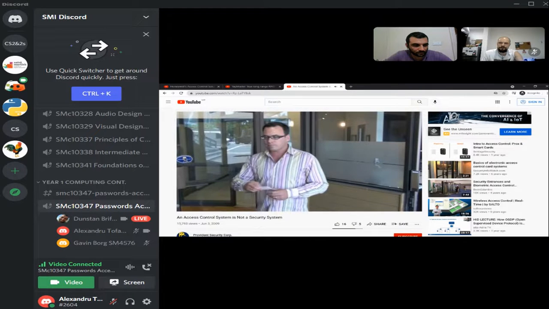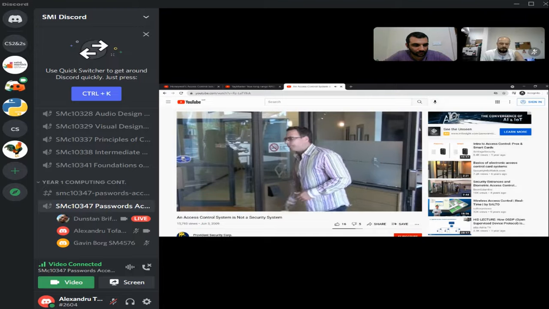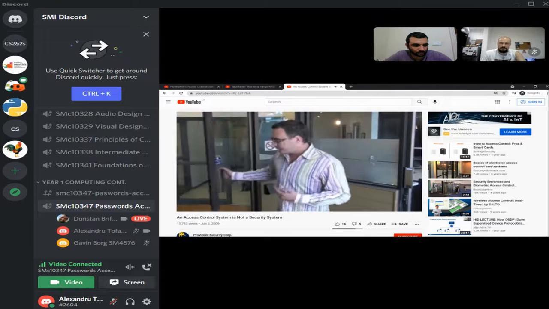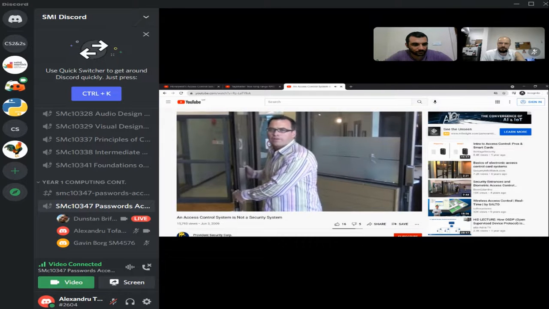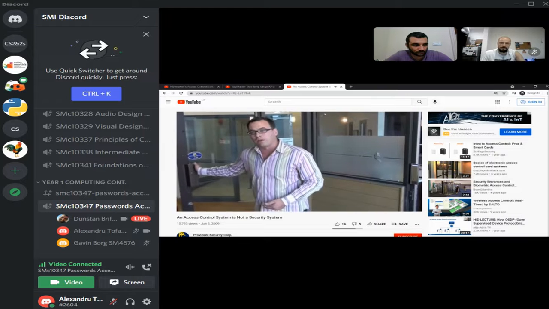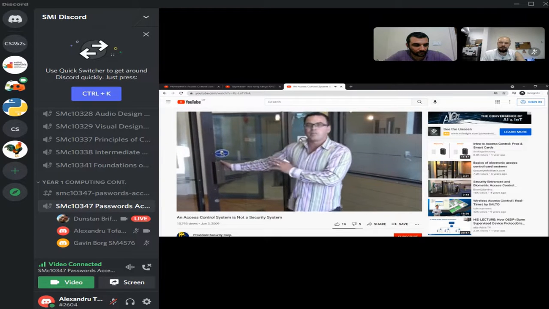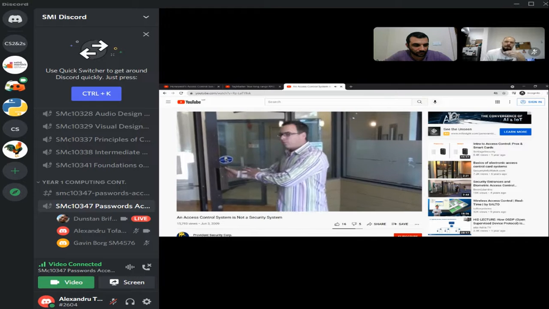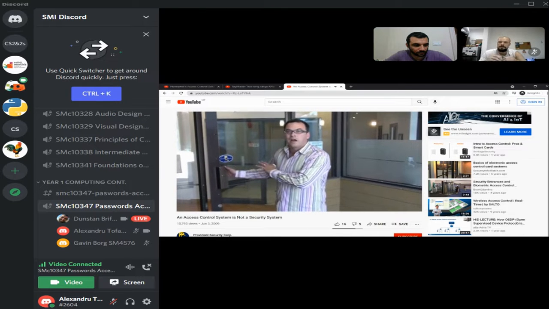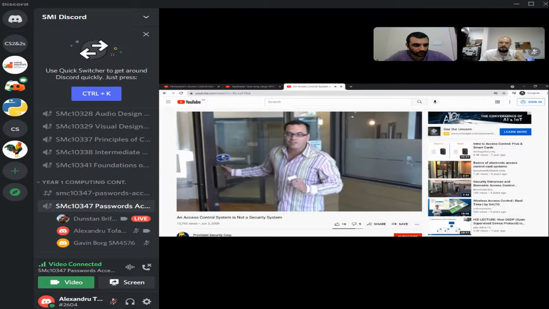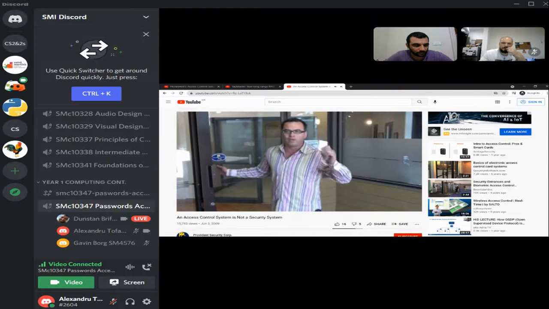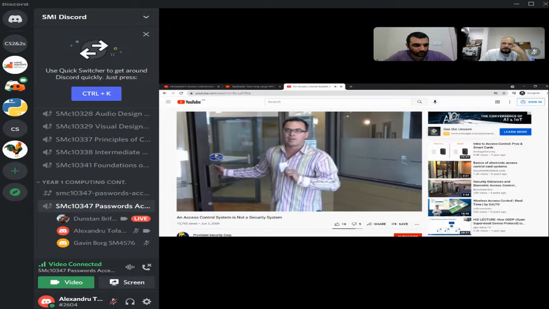Security comes into play. So if I swipe my card and open up the door, but then I place a rock, and so the door doesn't close completely, or the door is just not working properly, it doesn't close completely. There needs to be a way for the system to recognize that this is a problem and now this building is unsecure. The vast majority of systems that we see only do the access control. It's only allowing people in and out.